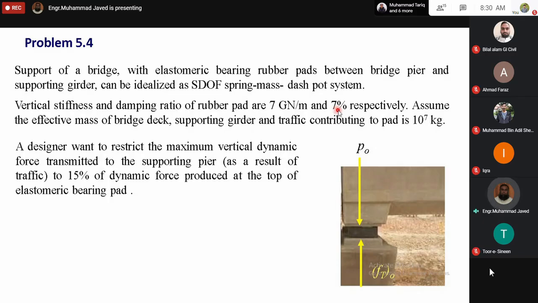And the mass of bridge deck supporting girder and traffic for this which contribute to this pad is 10 raised to power 7 kg. Now a designer wants to restrict the maximum vertical dynamic force transmitted to the supporting girder to 15% of the dynamic force produced at the top end of elastomeric bearing pad.